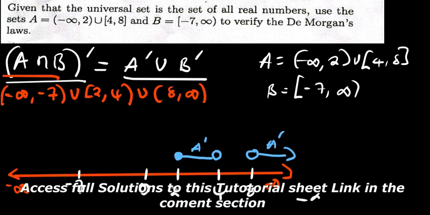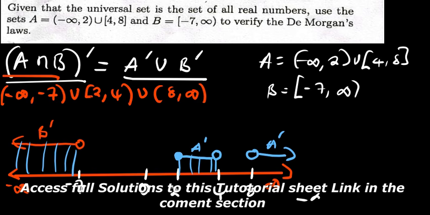Let's go to B. Okay, so now we're trying to get B complement. So B is starting from 7, but 7 is included, so the complement is not going to be included, it has to go all the way to negative infinity. Another one, since this has to come all the way to positive infinity, so the union, when we're now adding them, it is just this part, we jump this part, we jump this part.